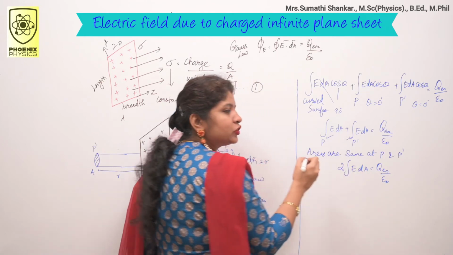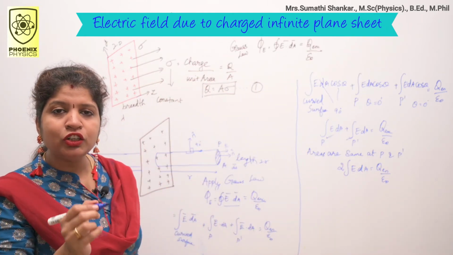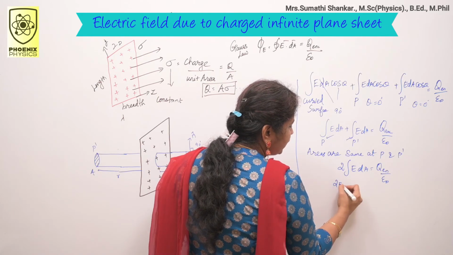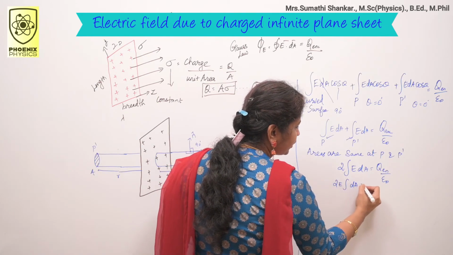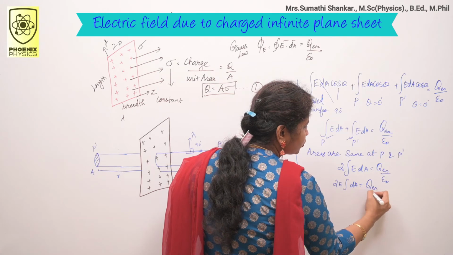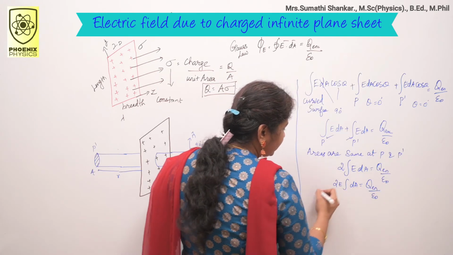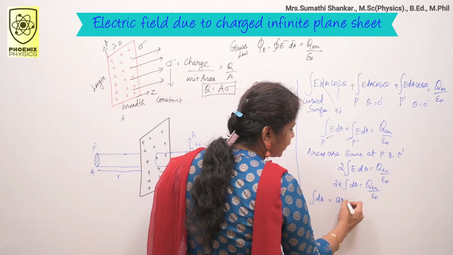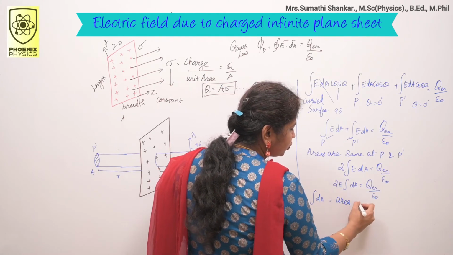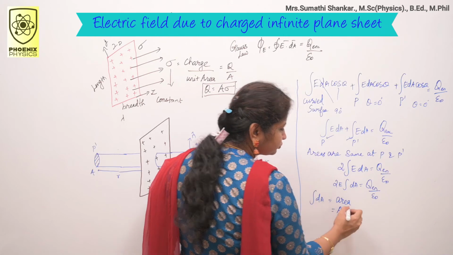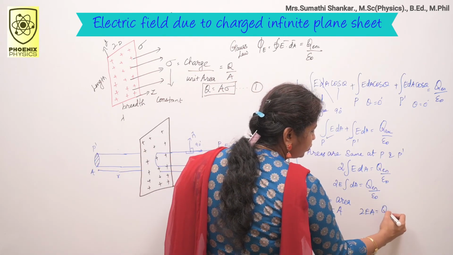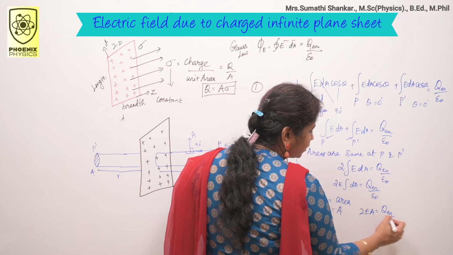Here E is constant, the magnitude of E is the same, so you take it outside. 2E integral dA is equal to Q enclosed by epsilon naught. Here integral dA is equal to the area, so simply you can write A. 2EA is equal to Q enclosed by epsilon naught.